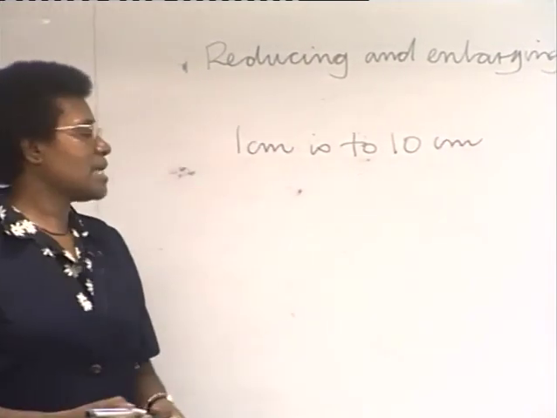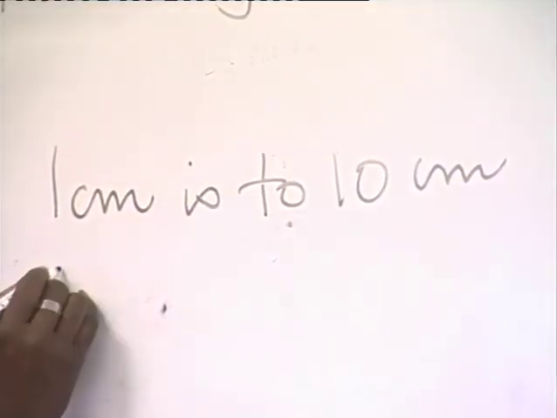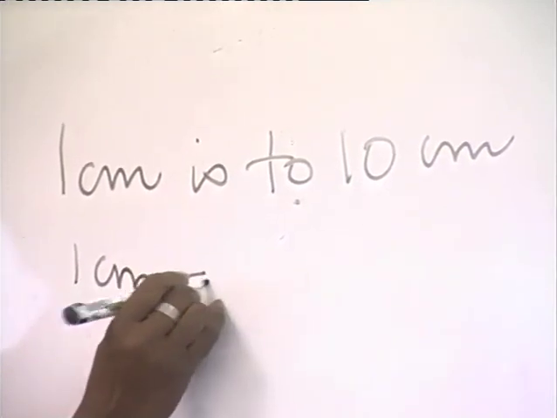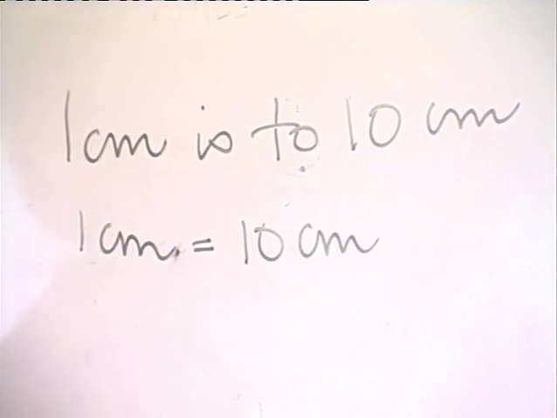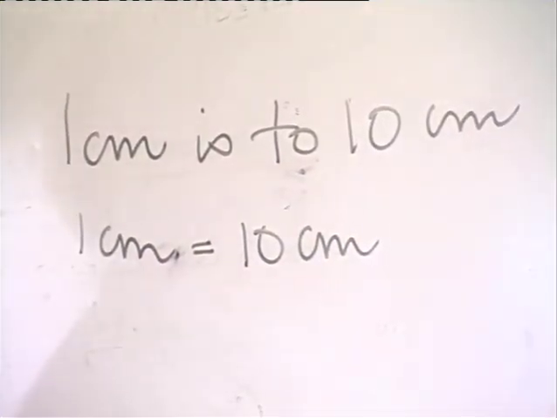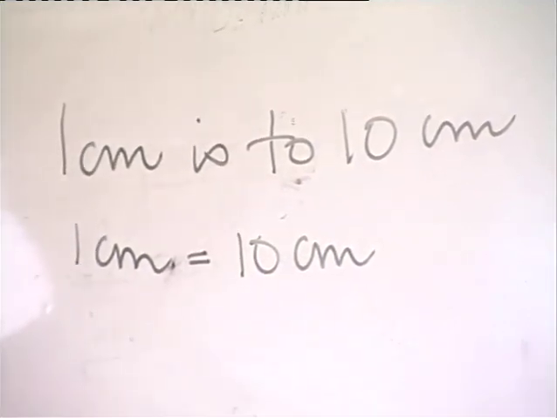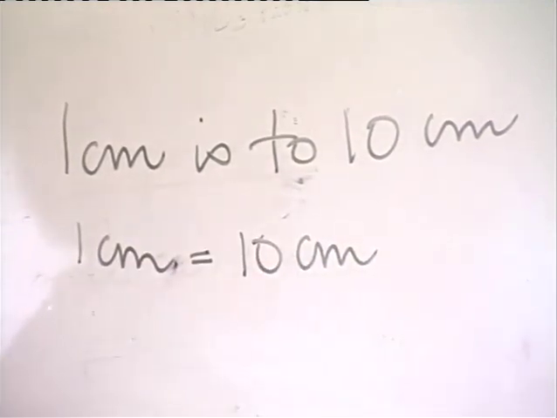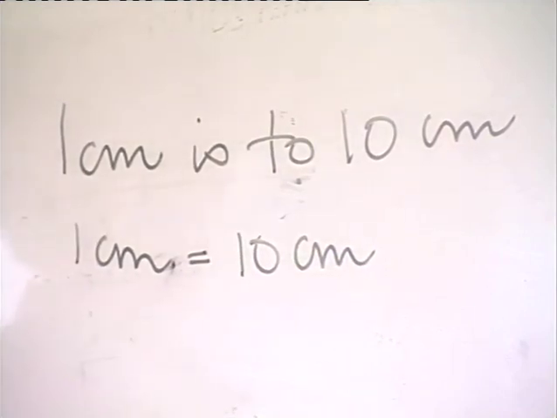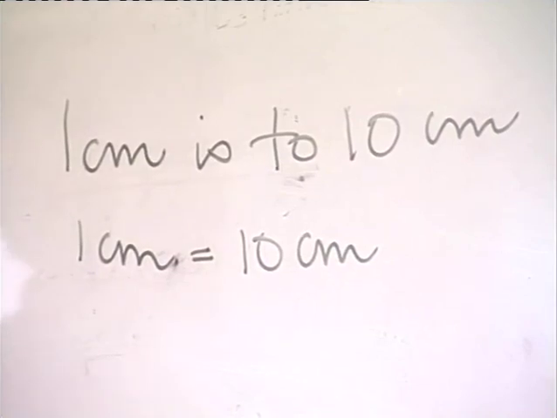That example is actually 1 centimeter, which equals 10 centimeters. If you have something that has a certain measurement, then whatever that measurement is, you will have it to 10 centimeters, and on your little 30 centimeter ruler, 1 centimeter equals 10 centimeters.